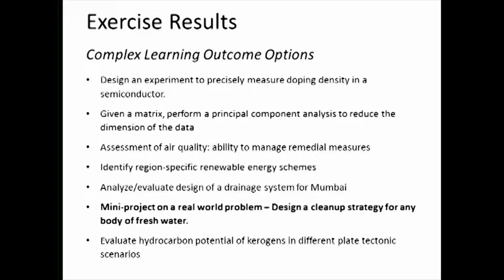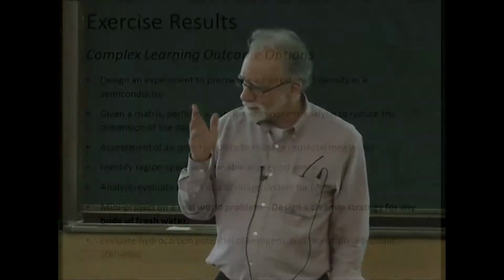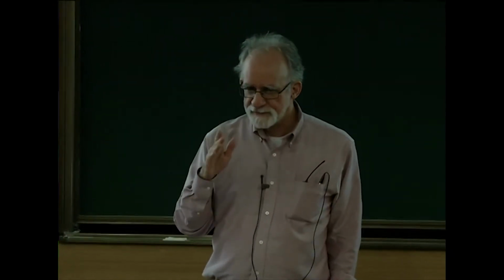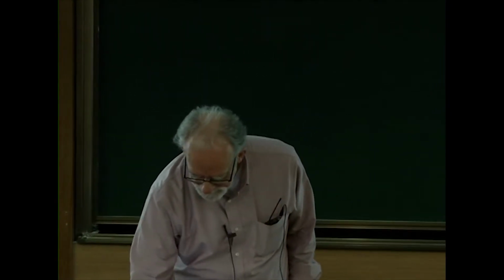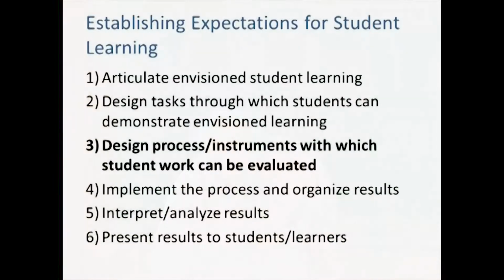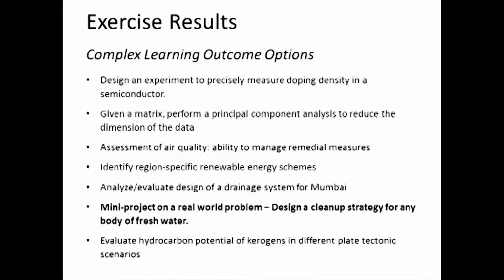Now we're going to encounter a problem that I always have with faculty members at this step. Remember that the step is, now that we have a learning outcome, I want you to design a task through which the students would demonstrate their achievement of the learning outcome. People say, well, isn't this the task?